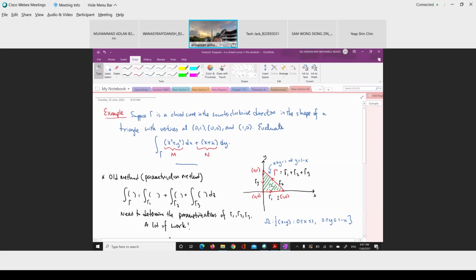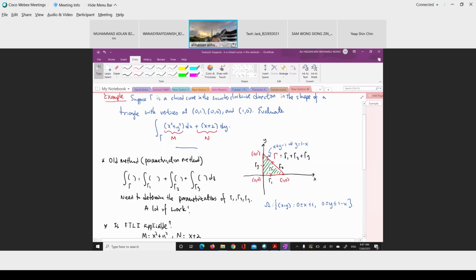You can think, because this is a closed region, in the first place, something that brings Green's theorem to mind. You can think mentally that if I were to solve this using the parameterization method, this involves parameterization of gamma 1, gamma 2, gamma 3.